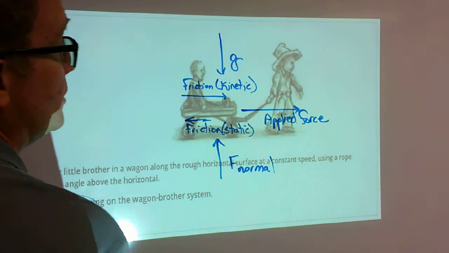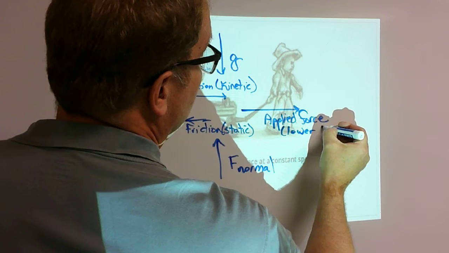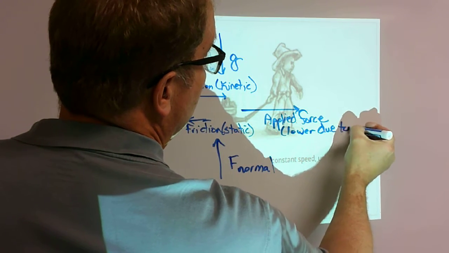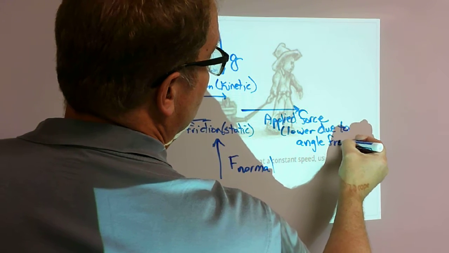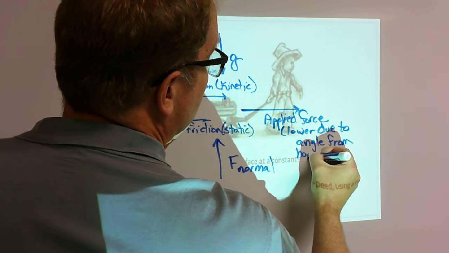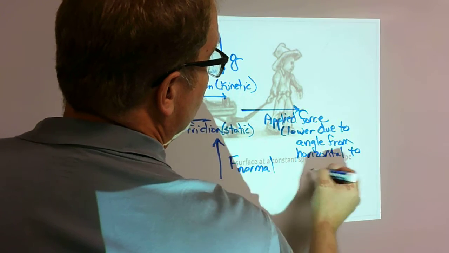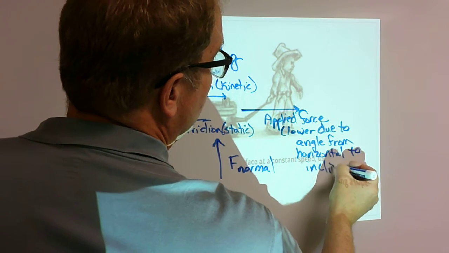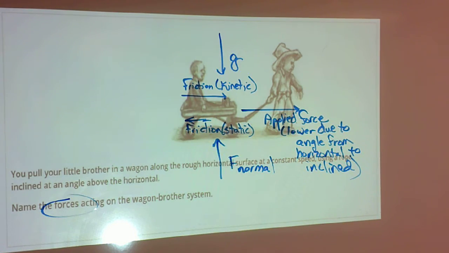And with this one, you could say lower due to angle from horizontal to inclined. Because if he pulls straight, he's actually going to have more applied force on it.